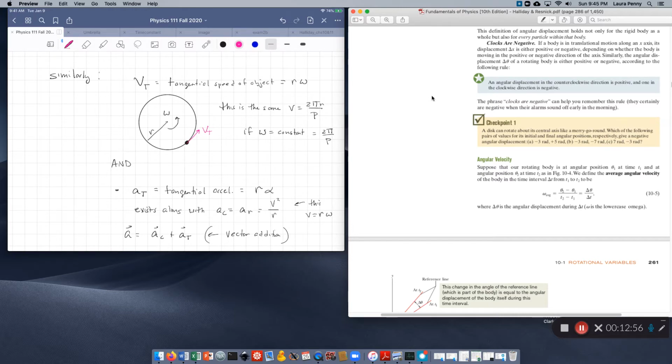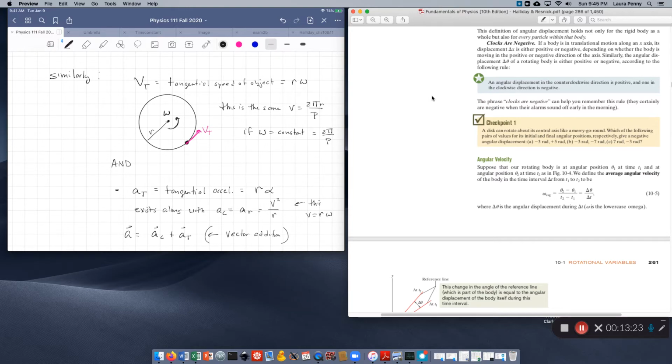Similarly, if I wanted to know the actual tangential, instantaneous speed that an object has if it's on the edge of something that's spinning at some omega. So there's some angular velocity omega that this thing is spinning around at.